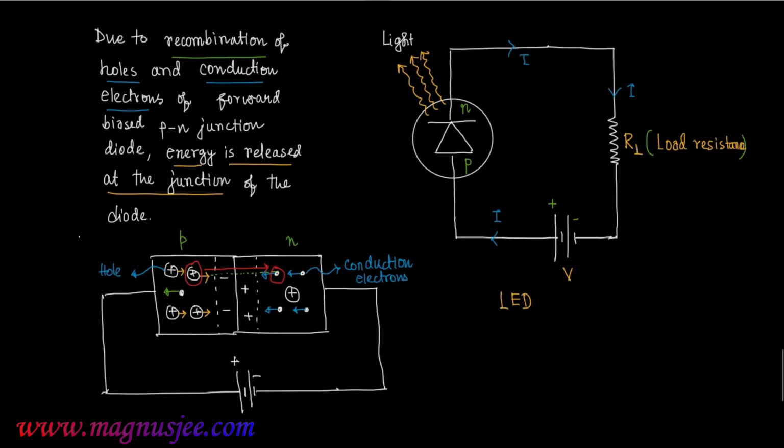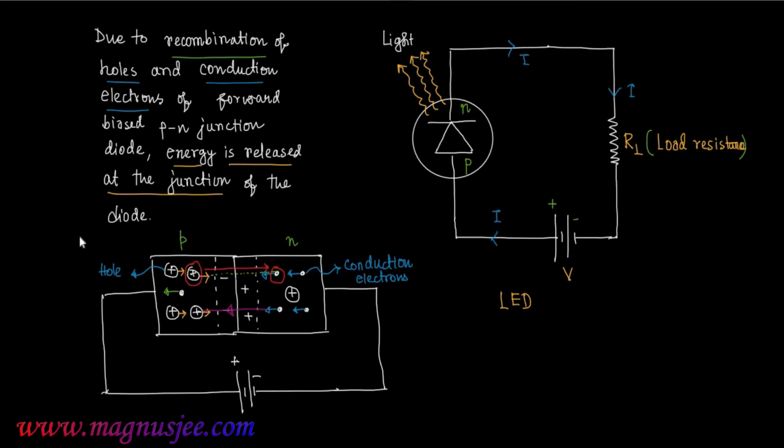Similarly, we can assume that a conduction electron will cross the junction and recombine with the hole. That means the hole exists in the valence band and the conduction electron exists in the conduction band, or a higher energy band.